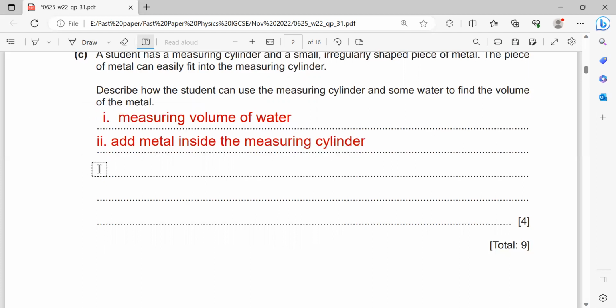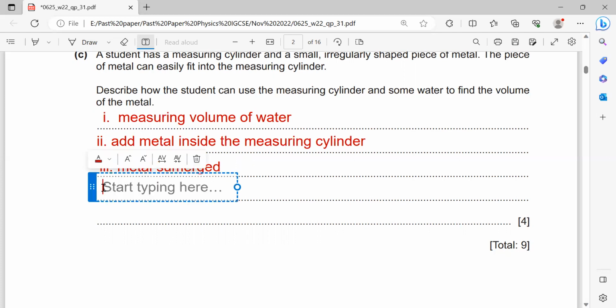After that, the metal will be submerged.